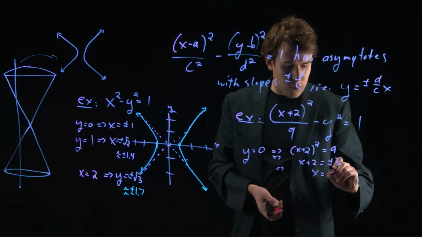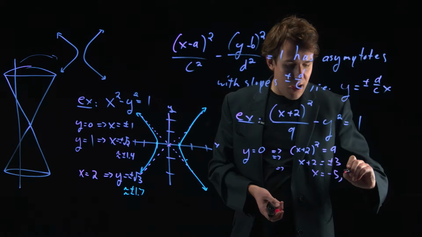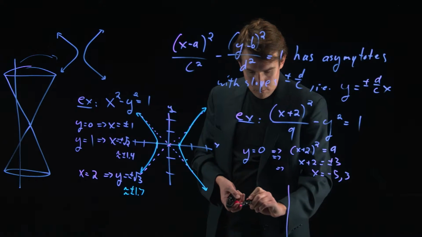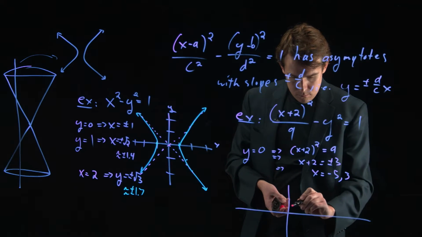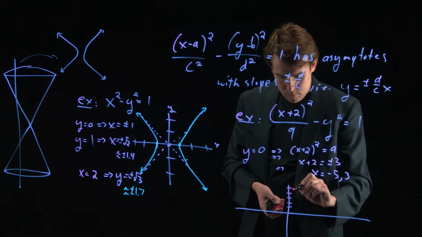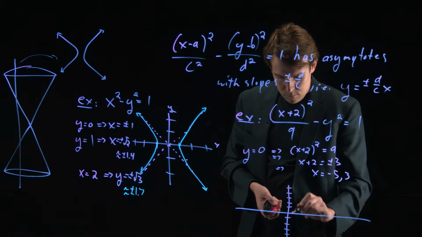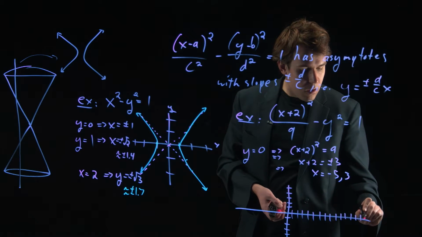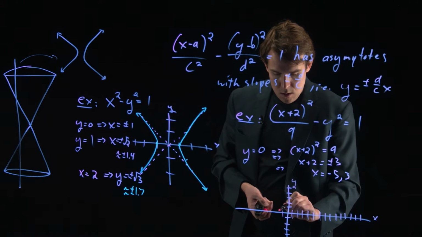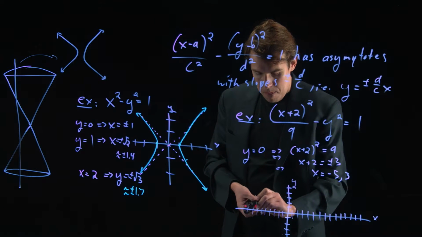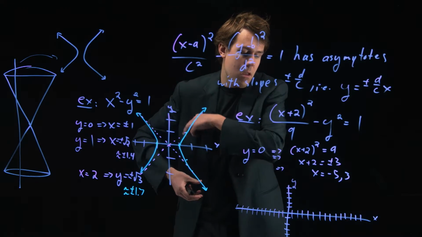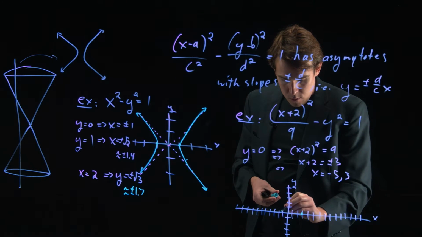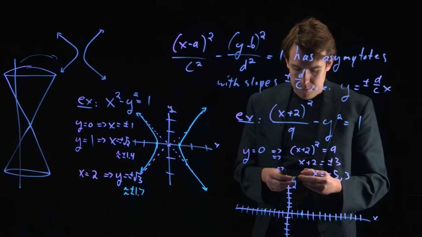So x should be equal to negative 5 and positive 3. So x is 3, y is 0. I have this.